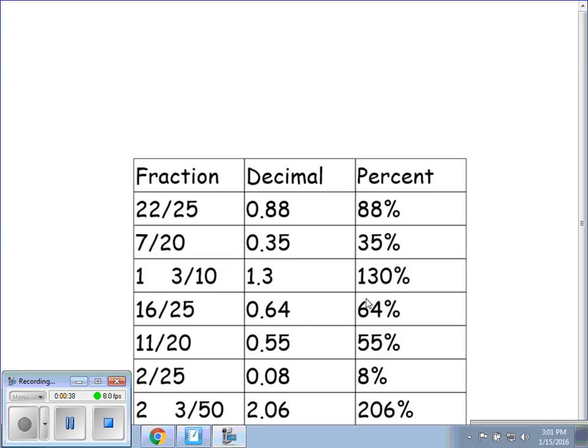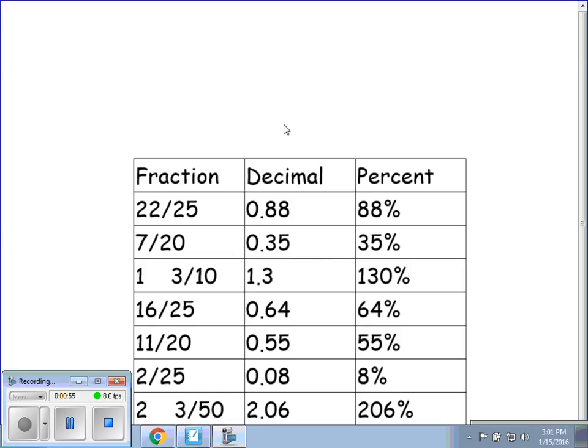You notice here that all of my digits are pretty much the same when I compare my decimals and percents. And going from a percent to a decimal, there are a lot of similarities here.